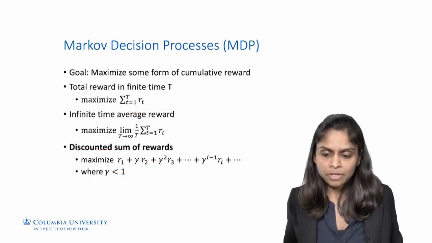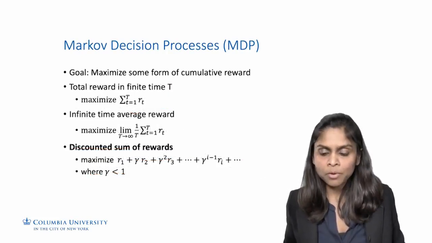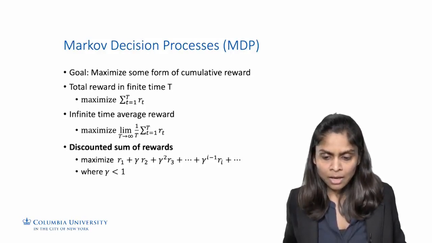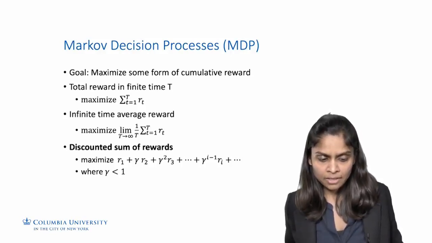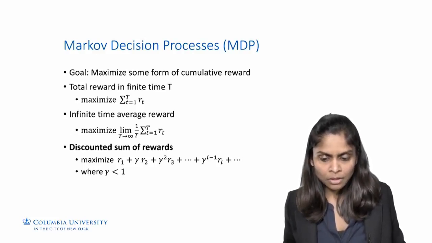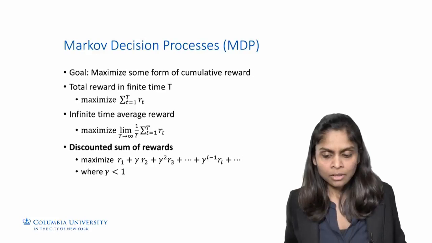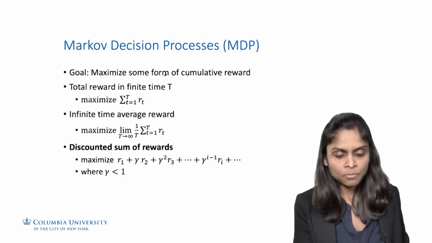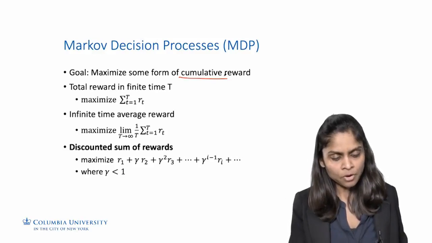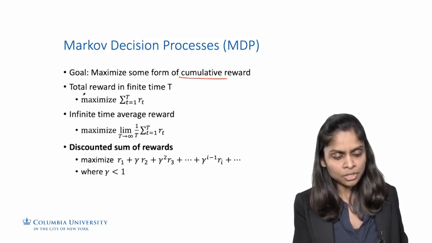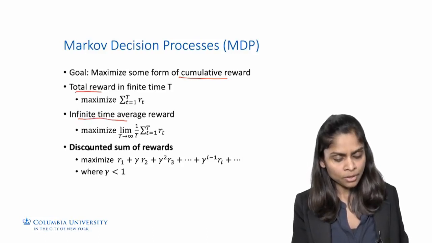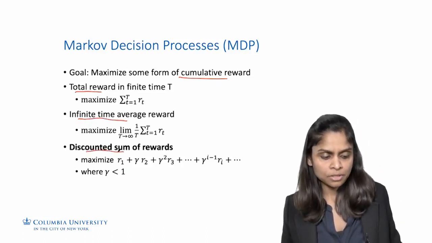The trade-off between immediate rewards and future rewards of the sequential decision problem in an MDP, and the need for planning ahead, is captured by the goal of the MDP. At a high level, the goal always is to maximize some form of cumulative rewards. There are three popular forms of cumulative rewards in the literature: total reward, infinite time average reward, and discounted sum of rewards.